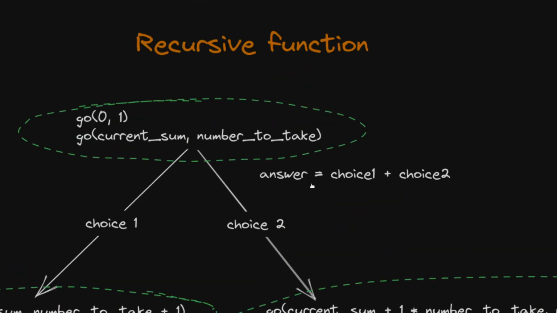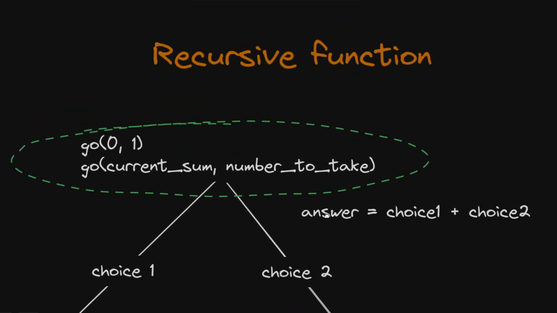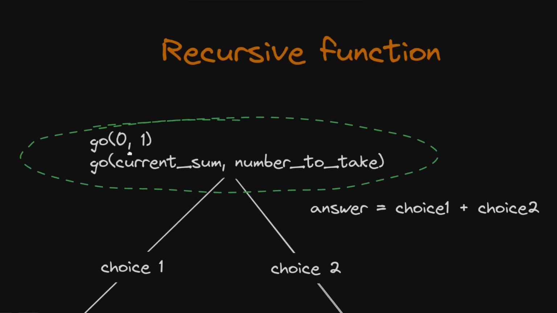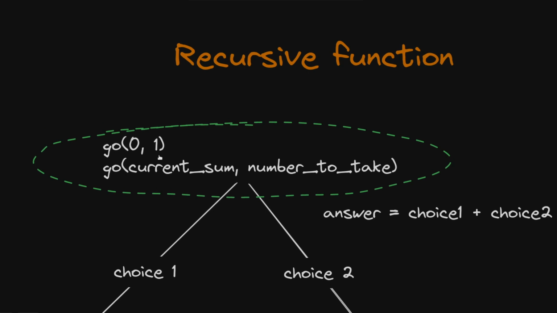Let's also look over the recursive function, what it is going to look like. Let's say go is the function that we are going to call, and it is going to return the answer for the number of ways to represent 100 as a sum of at least 2 or at least 1 positive integers.